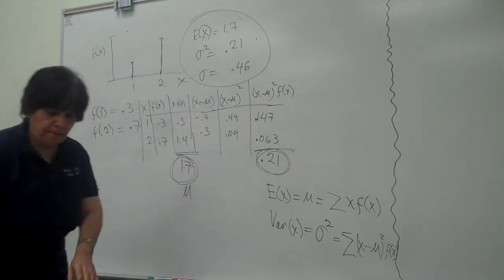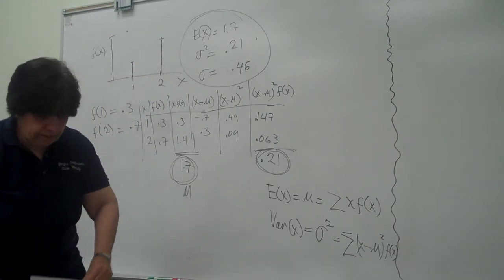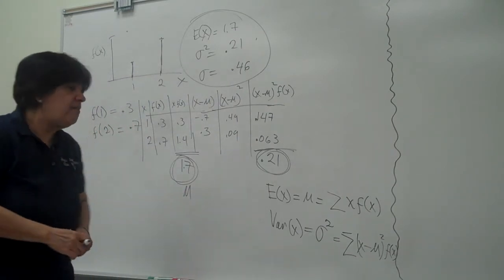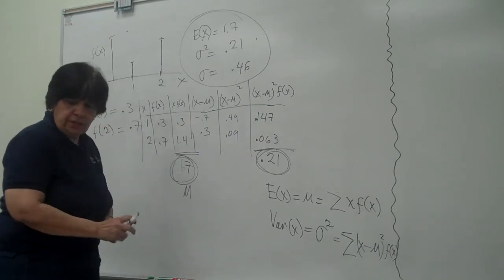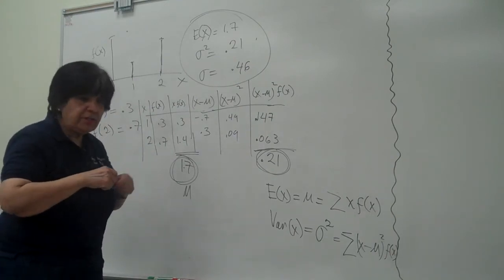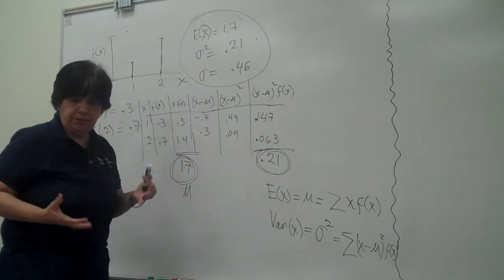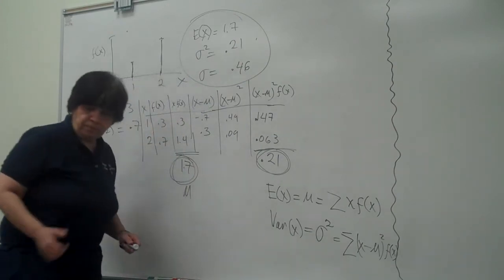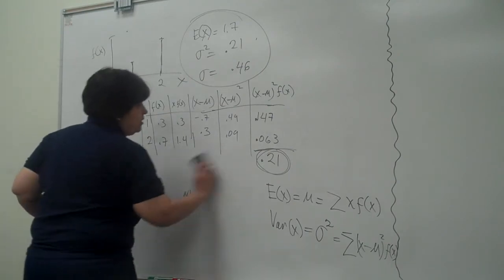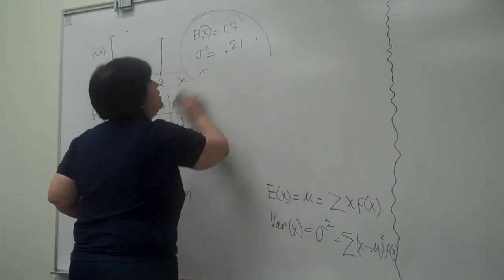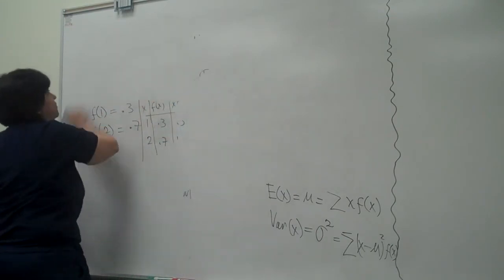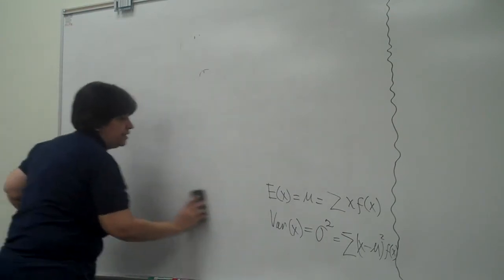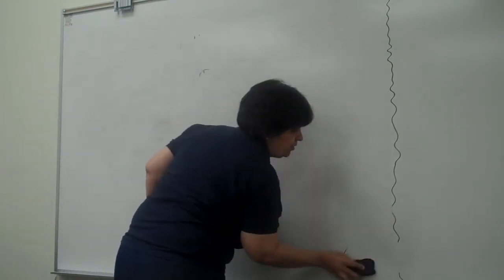Okay, now we have two particular important probability distributions that are discrete probability distributions. Those distributions are the binomial distribution and the Poisson distribution. Let's cover the binomial distribution.